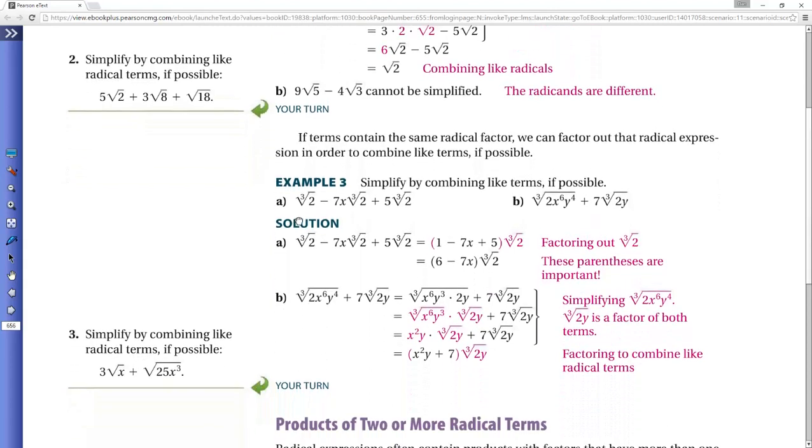So they're showing that we have subtraction issues here, and notice that these are all like radicals in a sense. I have 1 cube root of 2 minus 7x cube roots of 2 and 5 cube roots of 2. We can take the coefficients, if we want to go back to like terms, and add those together, and we get 1 plus a negative 7x plus 5, or 6 minus 7x if you want to keep that subtraction.